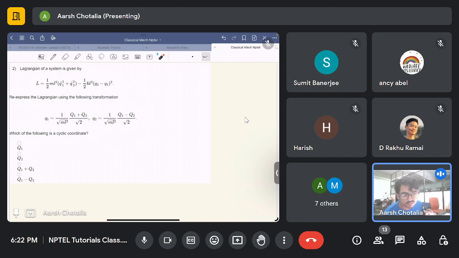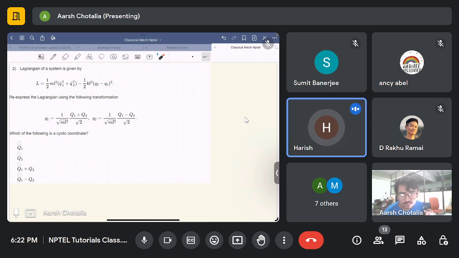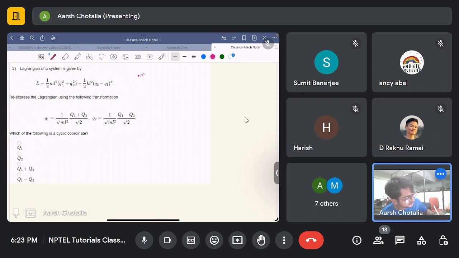Which physical system would it represent? Spring connecting two masses, maybe. Right. Spring connected with two masses. And what would be the natural length of that spring?